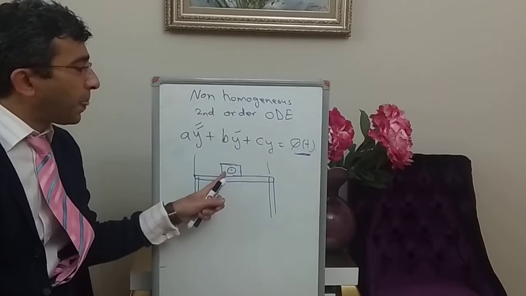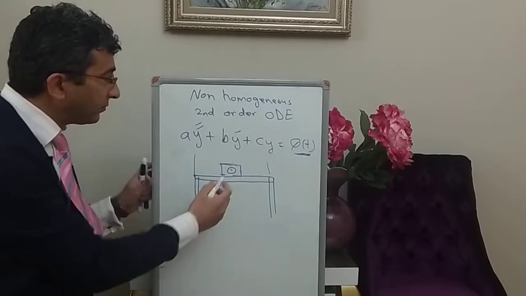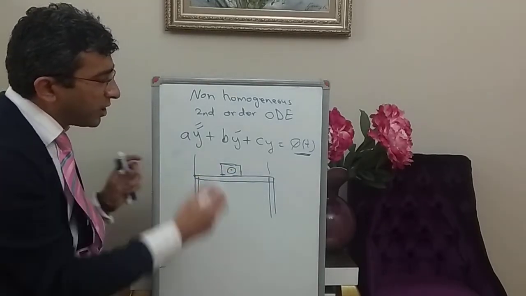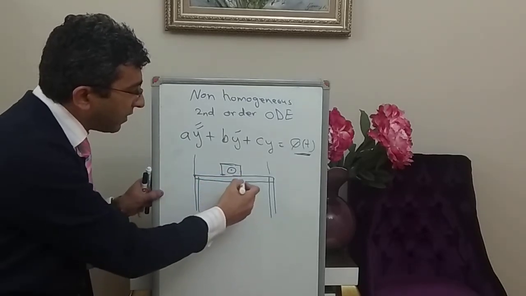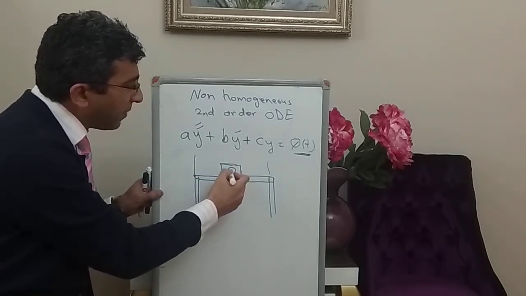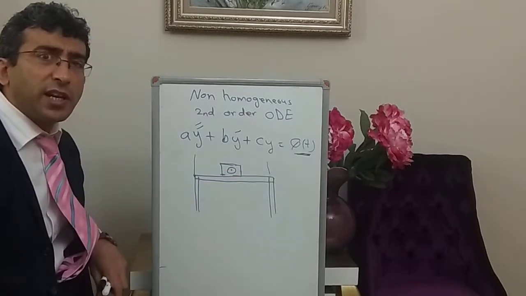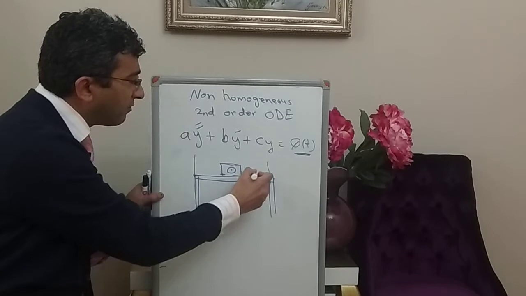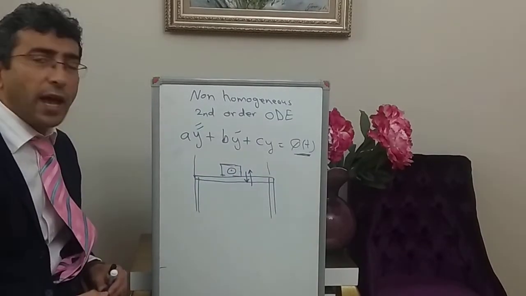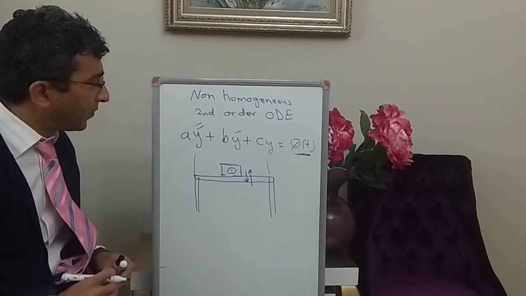This machine has engines, and these engines are working and make some source of vibration. Due to the mass eccentricity inside the engine, this machine will exert a vertical vibration on the slab.